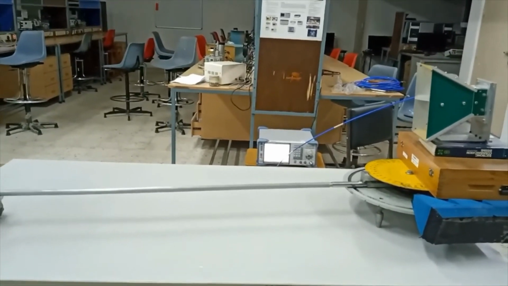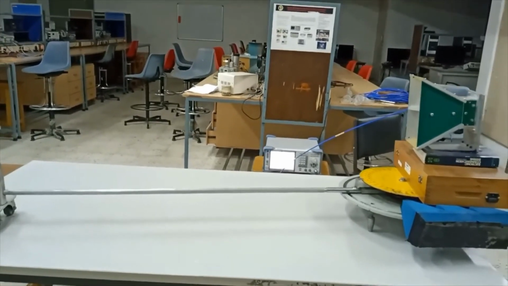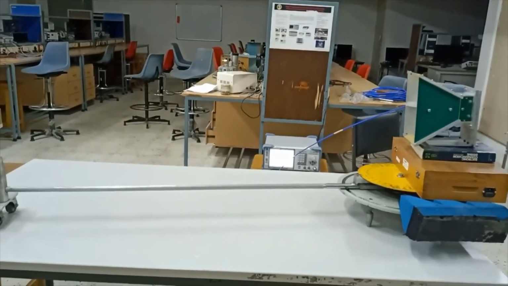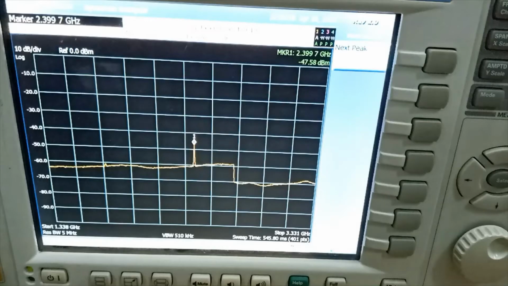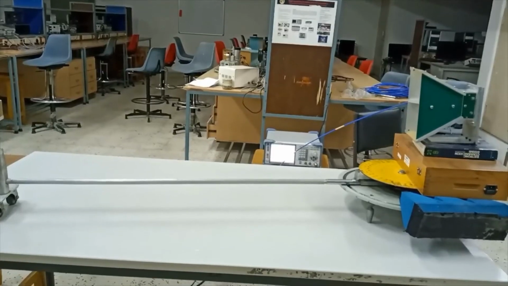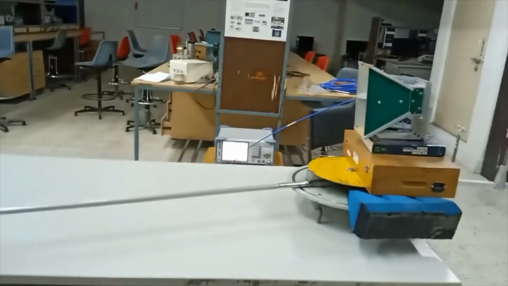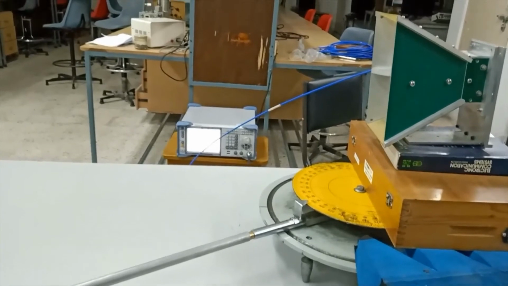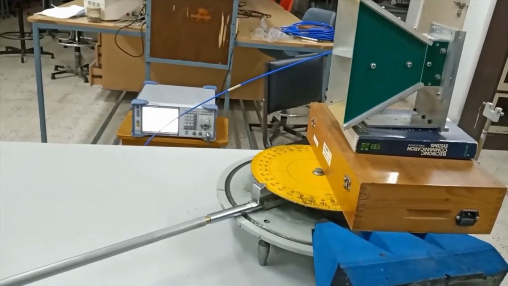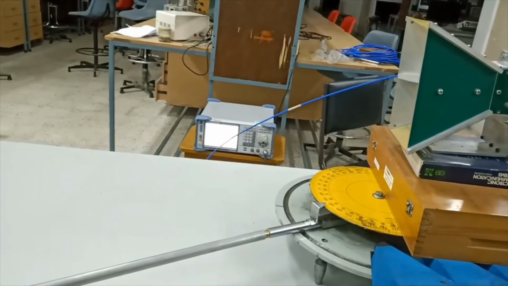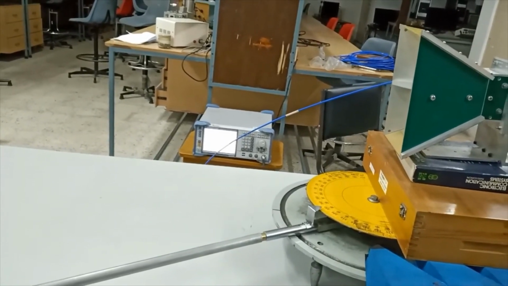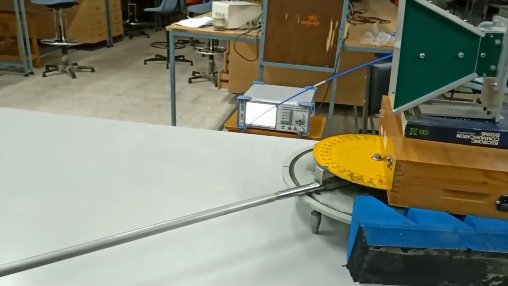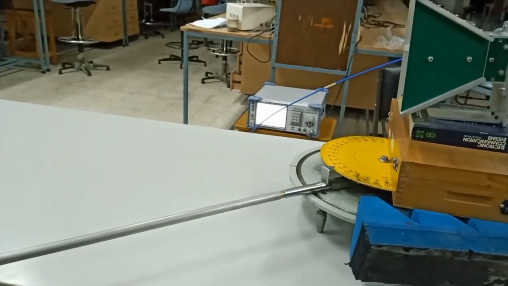Now we are going for anti-clockwise measurement, and at 10 degree it's showing minus 47.67 dBm. At 20 degree the value is minus 48.7. At 30 degree the value is minus 47.69 dBm. At 40 degree the value is minus 48.22.